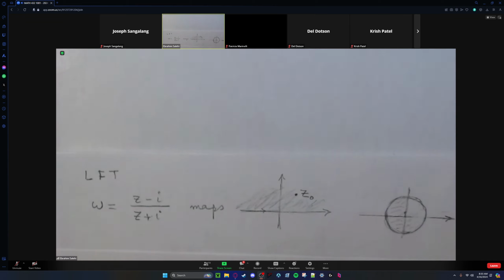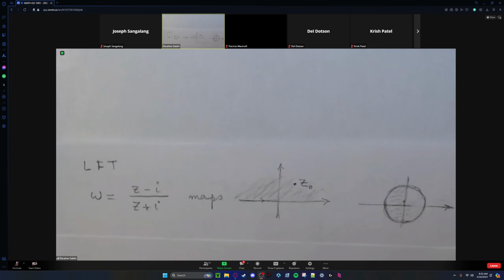So linear fractional transformation, although the general format is you have a constant here, but the main thing is this one, that this function, as we discussed earlier on Wednesday, maps the whole upper half plane into this unit disk in such a way that this i, right here, goes to zero.